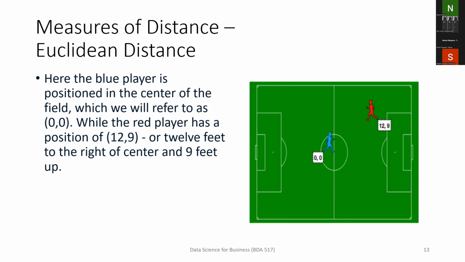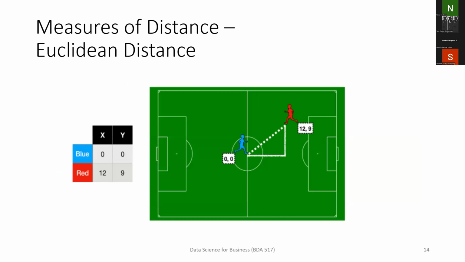Okay. So let's look at the distance. What is the distance between these two guys? Remember that the blue player was on 0, 0. The first figure is x, isn't it? The next value is y.